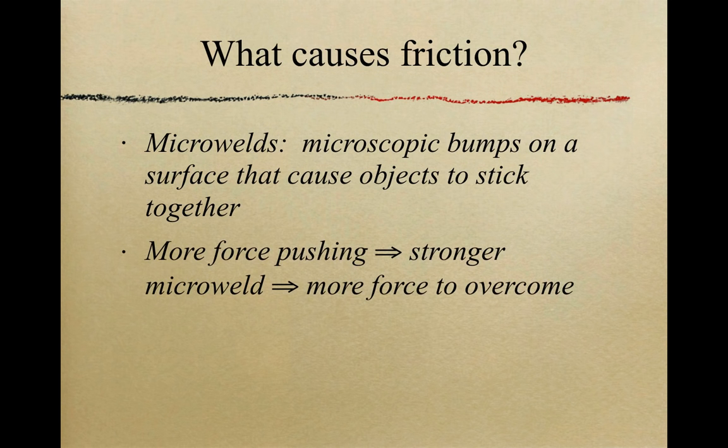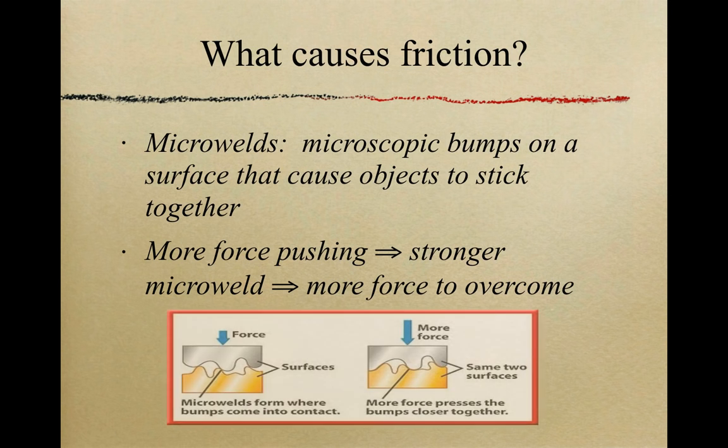Okay. More force pushing makes the microweld stronger, and it means that there's more force to overcome. Okay, we're looking really at a microscopic level here. We are looking at these microscopic little bumps and grooves, okay, that stick together.